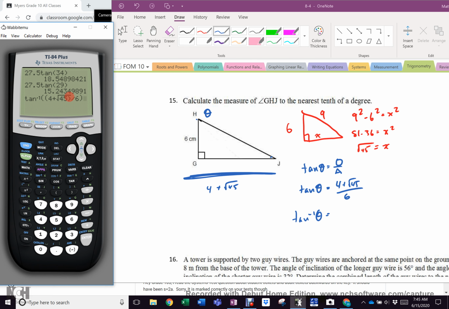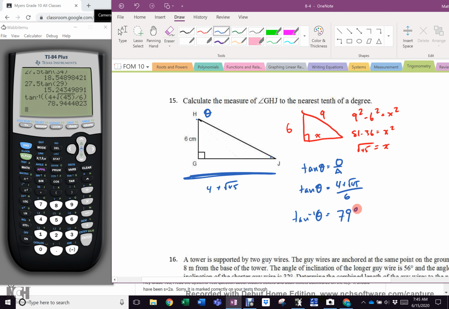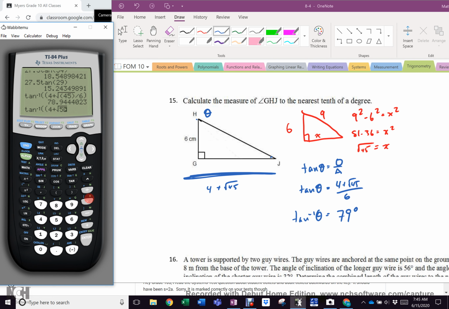Oh, I screwed up right there. This is not going to work. Well, we'll see. 79 degrees. Now, I want to make sure I did that right. Shift, tan. Inside the brackets, it's 4 plus square root of 45.